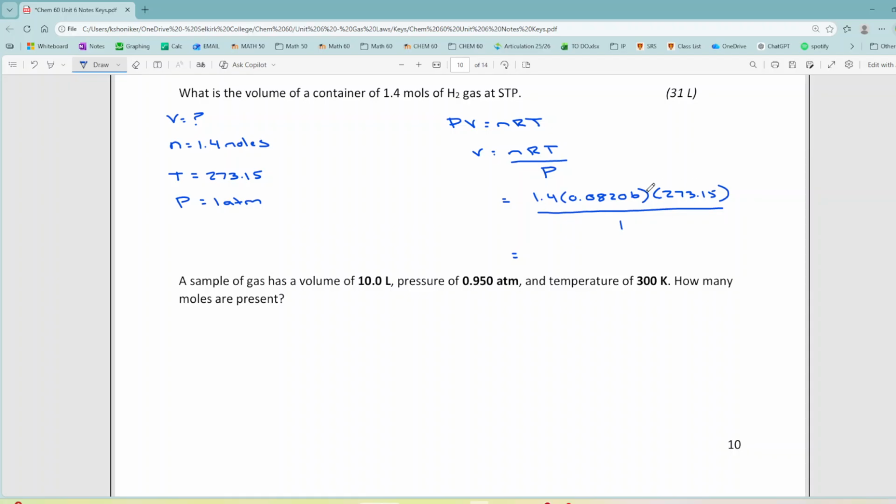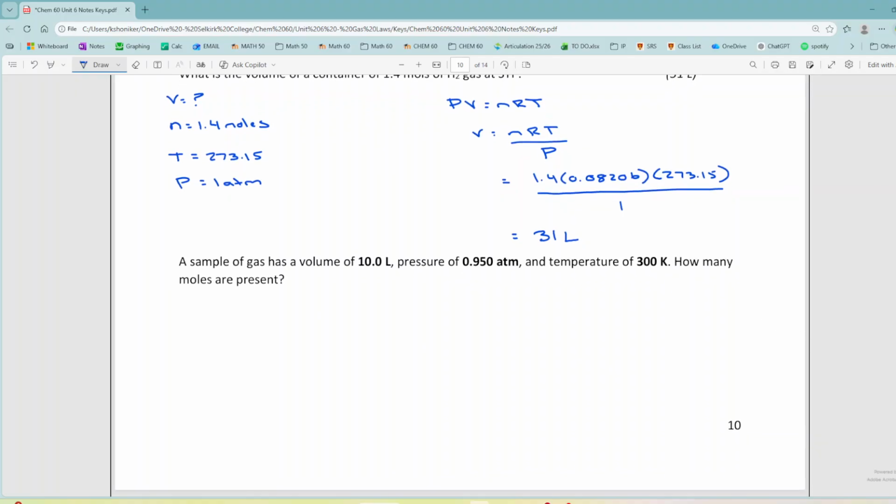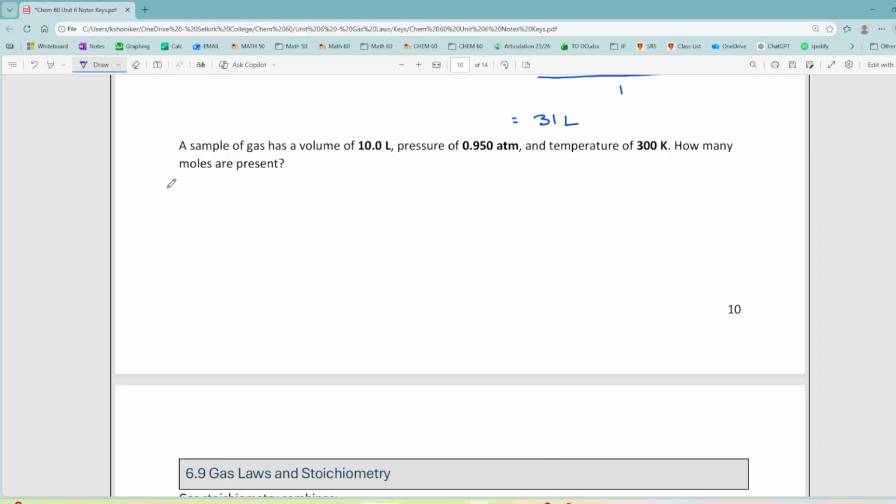So when I'm typing this into my calculator, I'm going to do 1.4 times 0.08206. You can even store that as something in your calculator. I was like, ooh, if I had an R, that would be great. Then you don't have to type it again and again. And then times that by 273.15. Divide by 1 won't make a difference. And I will get a volume of 31, rounded to 2 sig figs, liters. Awesome. Try the next one.